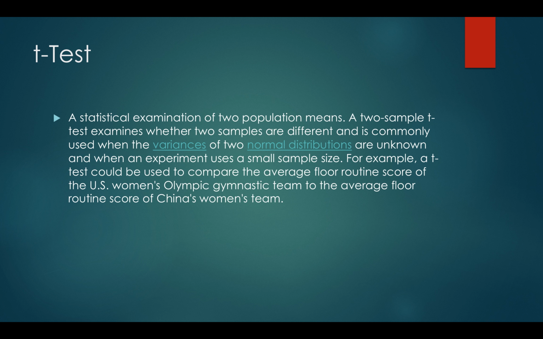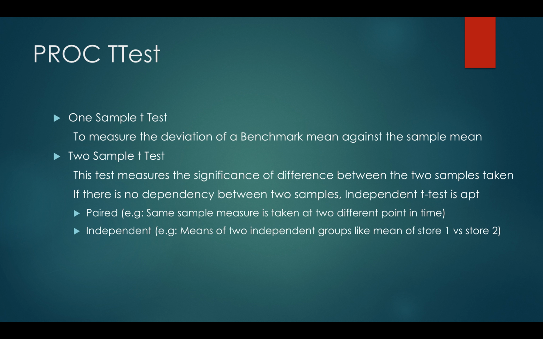What kinds of t-tests do we have? We have two different types of t-tests. One is the one sample t-test, which is nothing but the same univariate analysis, as we have a mean here and we have a benchmark mean. That is the mean which we are going to compare to the sample mean at a particular confidence interval. So this one sample test is a univariate analysis, and the other is the two sample t-test.